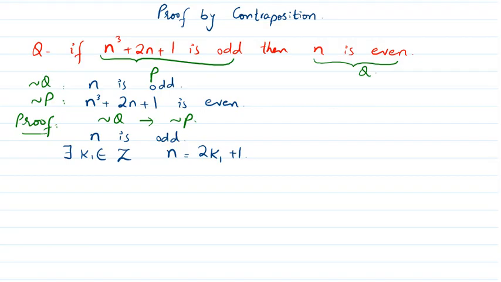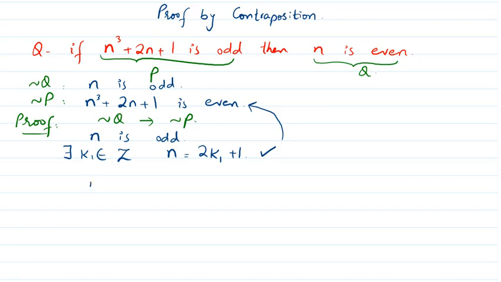Now plugging in this form of n in the given predicate, which is in fact the negation of P, that is n cube plus 2n plus 1 is even.